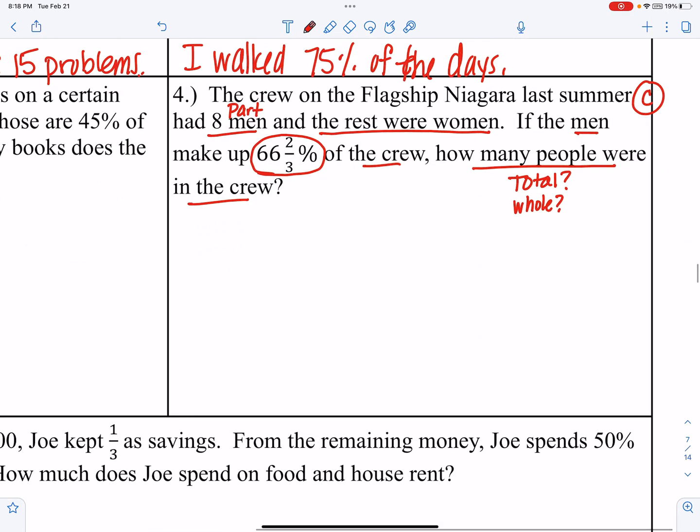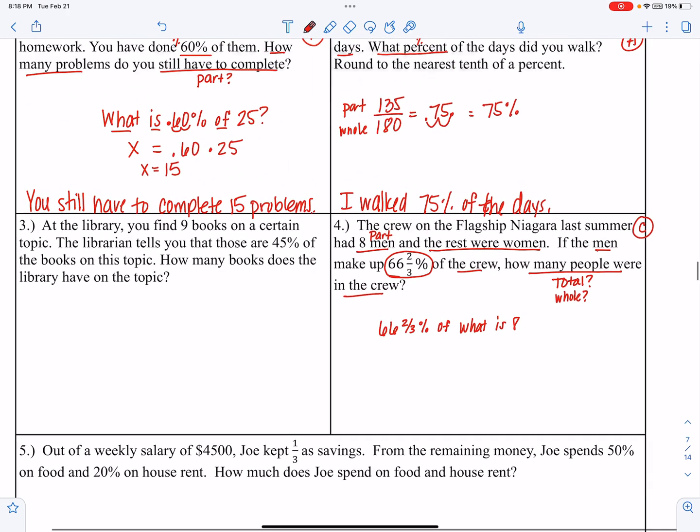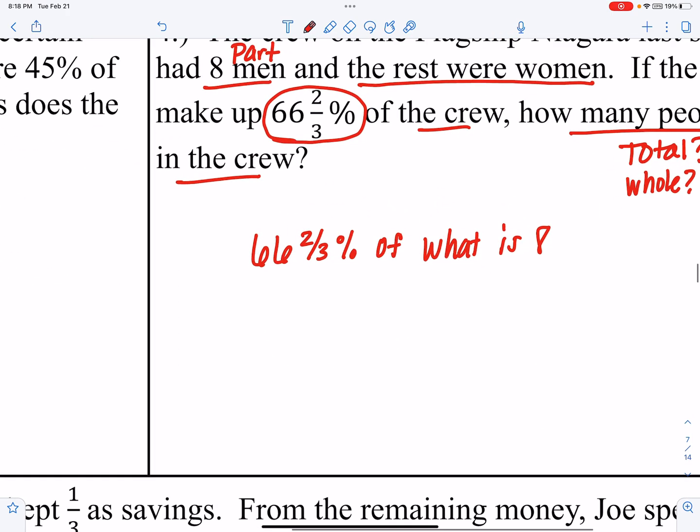And so we have percent of what is 8. Okay. And so when we write this, we first have to get rid of this fraction here, but we're not moving the decimal point.